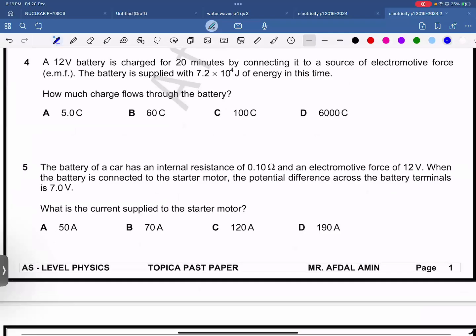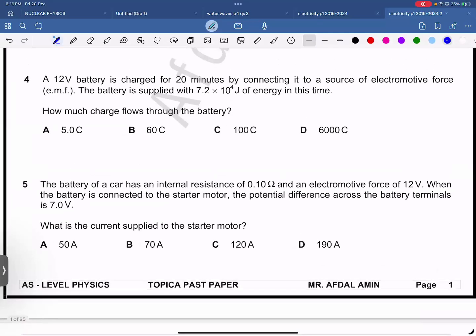Question number 4. A battery of 12 volt, okay, 20 minutes. 20 minutes mean time will be 20 multiplied by 60, 1200 seconds. This is the energy, okay, and this is the voltage, okay. You want charge Q. We don't need time.